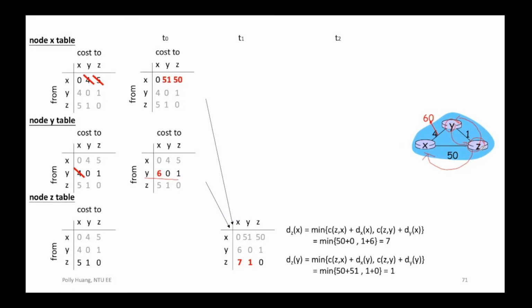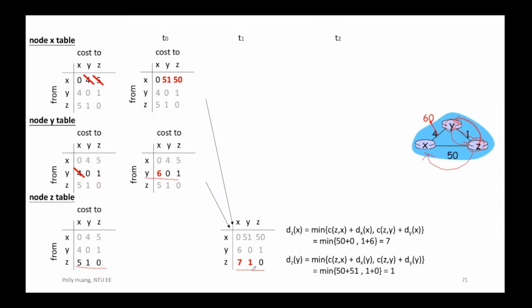Yeah, because z knows a way, much earlier saying the shortest path to x is 5, and next hop is z. So you see we have actually looped 1.5 times on link y and z, trying to develop what is the true shortest path.